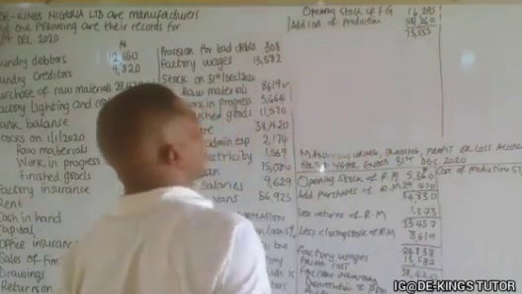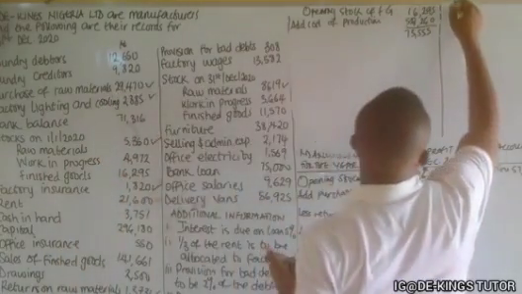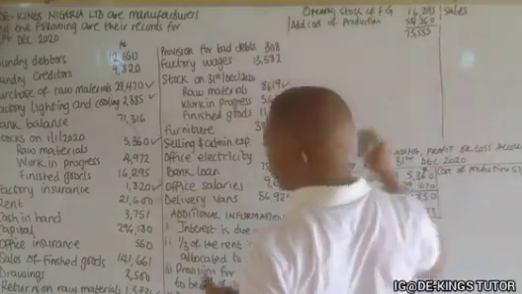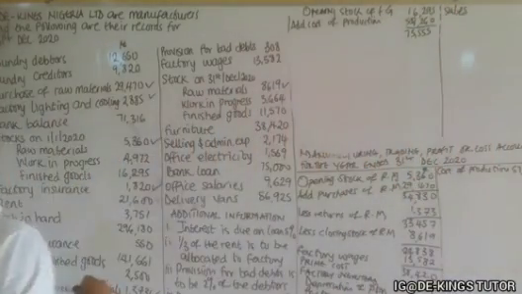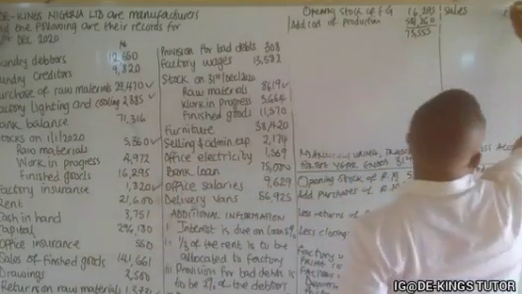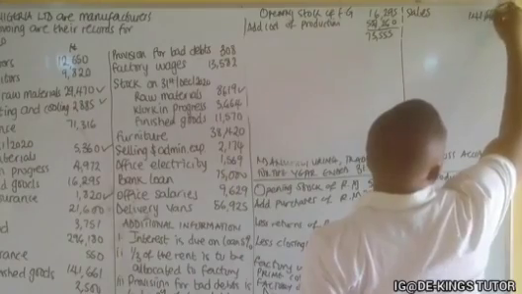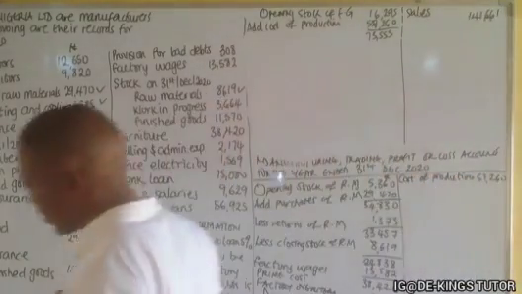73,555. Okay. So the next one we have at the right hand side are sales. Okay. So let's check for sales. Sales of finished goods 141,661. Okay.